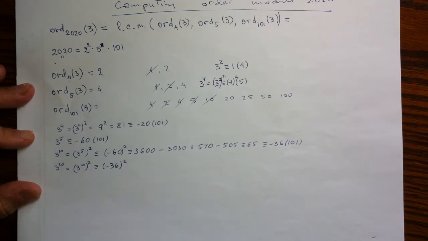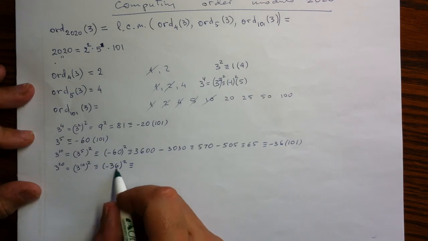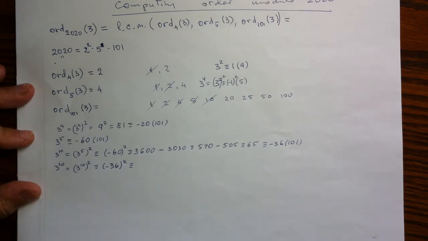I just fear that I make some mistakes. Instead, I will just break it into a product of things and compute their squares, and then reduce them, if necessary, modulo 101.